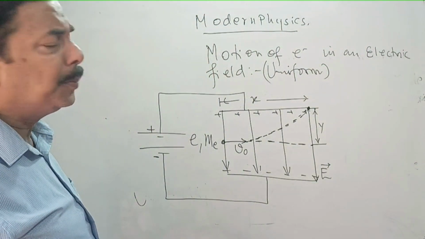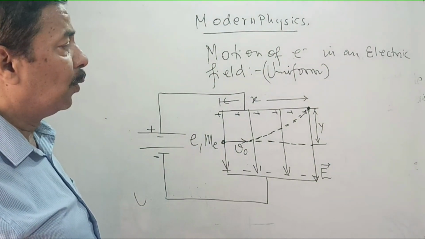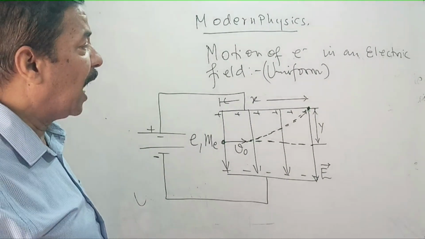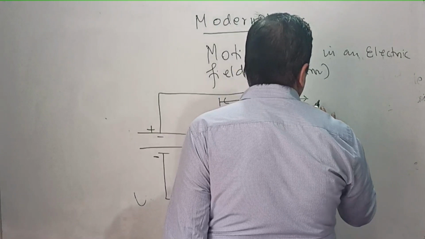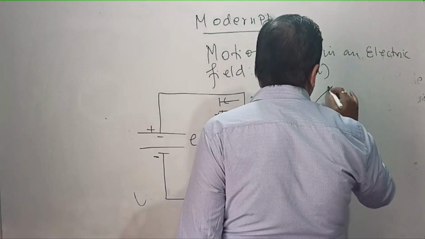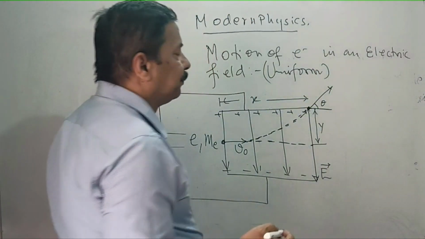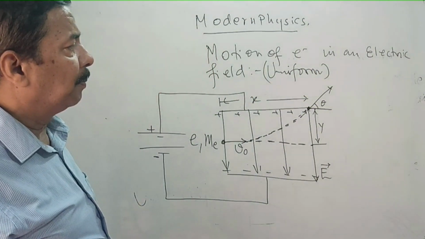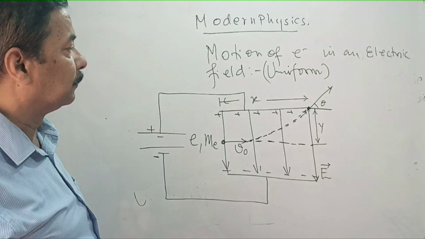So there are two parameters that we are supposed to find in this situation. One is the vertical displacement y, and the other is the direction theta which the net velocity of the electron makes with the horizontal direction.